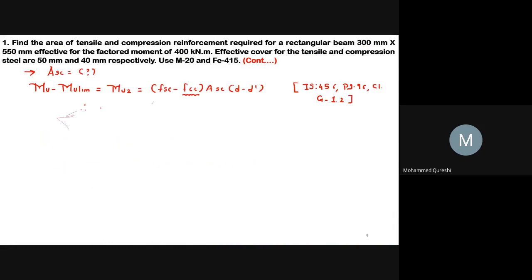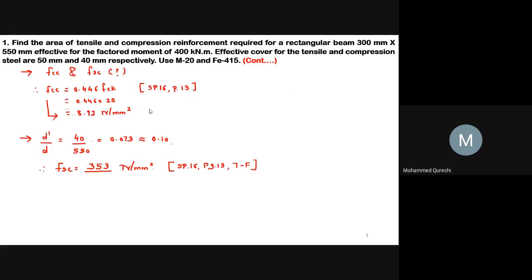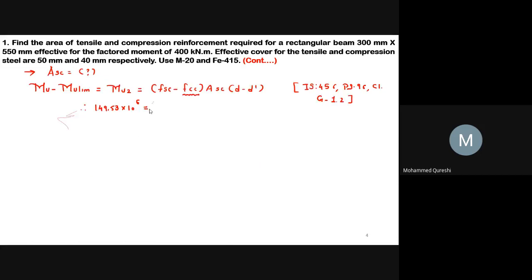So we will put the value of Mu2 as 149.53 into 10 raised to 6 equals to the value of FSC we had calculated as 353 minus FCC as 8.92 into ASC, as we have to find the value of ASC, into (d minus d dash).